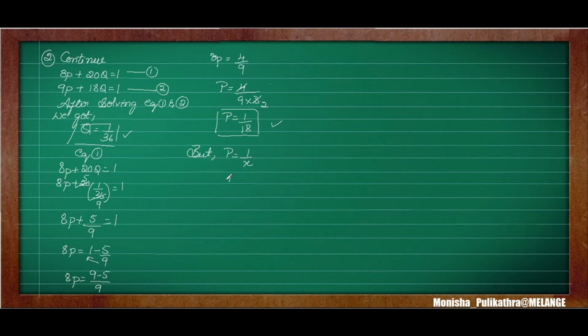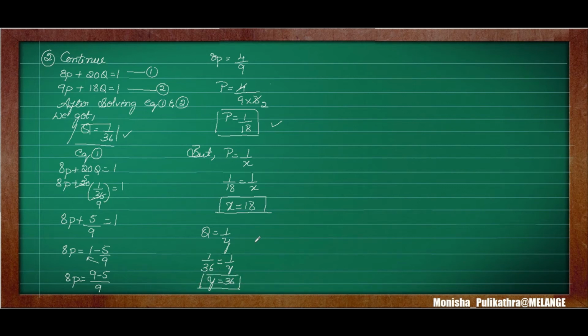Since the p value is 1 by 18, by taking the reciprocal we get x is equal to 18. And q is equal to 1 by y, so 1 by 36 is equal to 1 by y. By taking the reciprocal we get y is equal to 36.